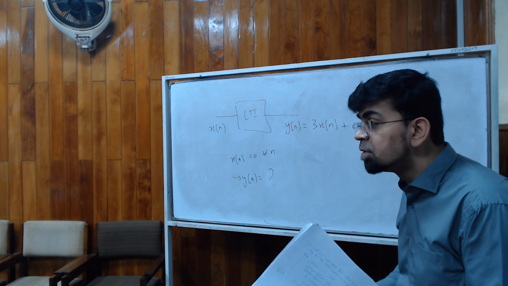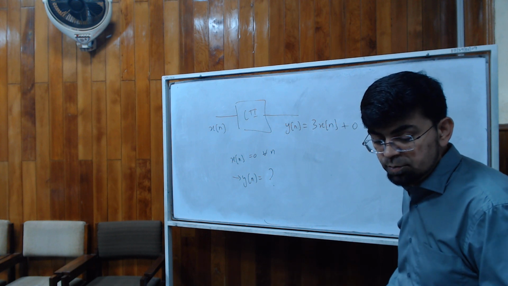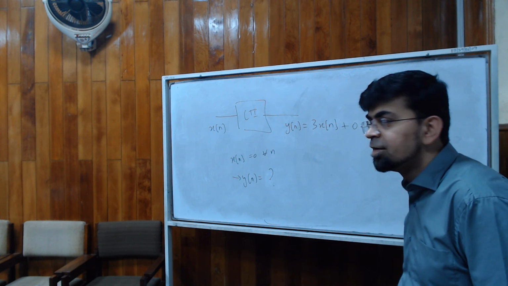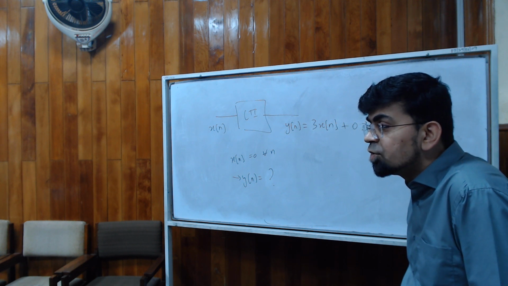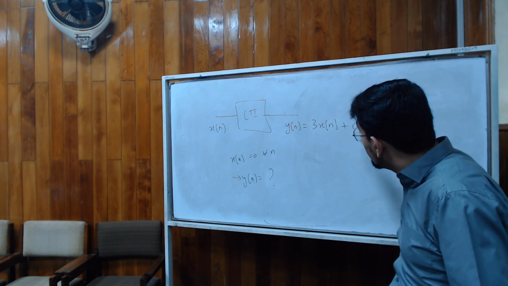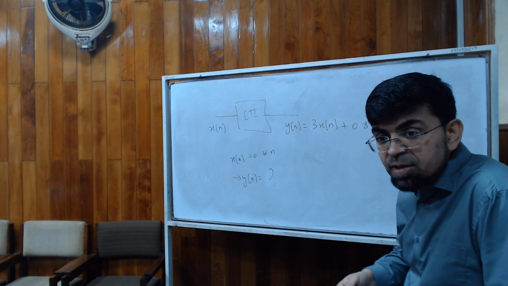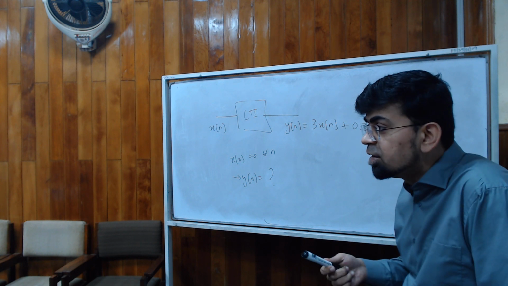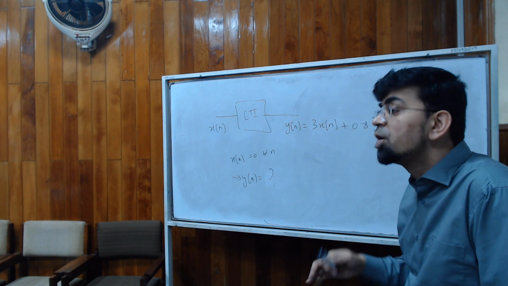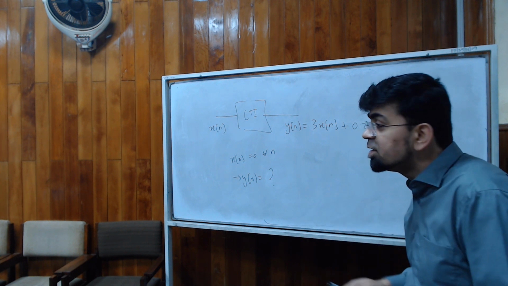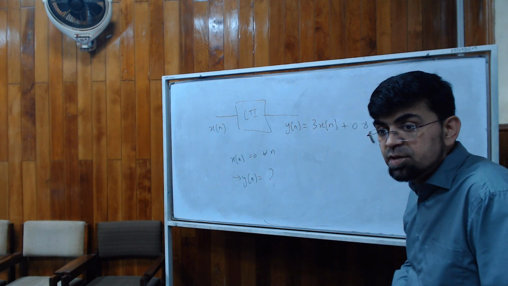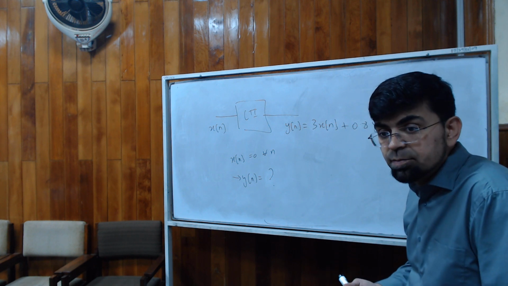You still get 0, I guess. It's not 0, the right side part is there, 0.8. So it depends. Your answer will be, the output will not be 0, or at least it will depend on y[n-1], which is the initial condition.